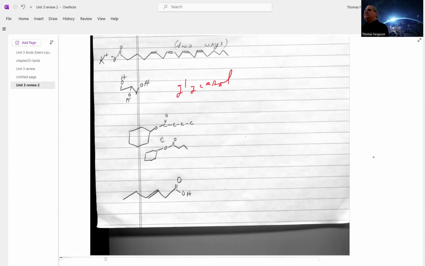It's based on cyclohexanol. So this is the acid. This is the alcohol. So it's going to be cyclohexyl, 4 carbons, butanoate.